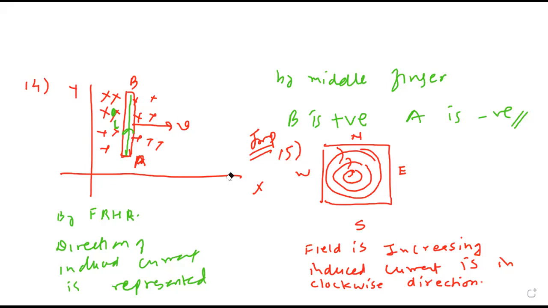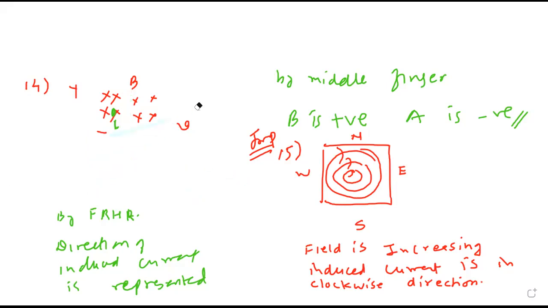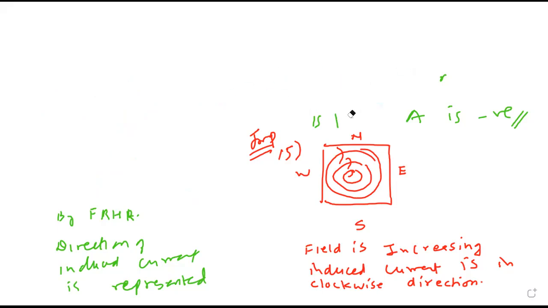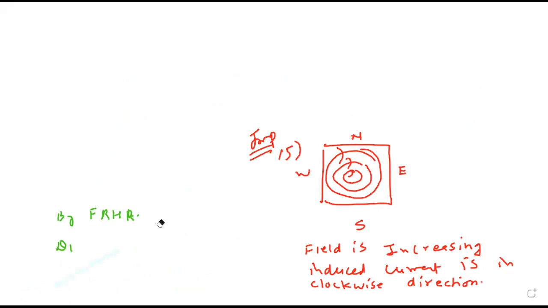Now I have to go reverse. In earlier cases, direction of field was given. We wanted direction of induced current. Now we are going reverse. Induced current is given. We want to find direction of magnetic field. So I'm going reverse.